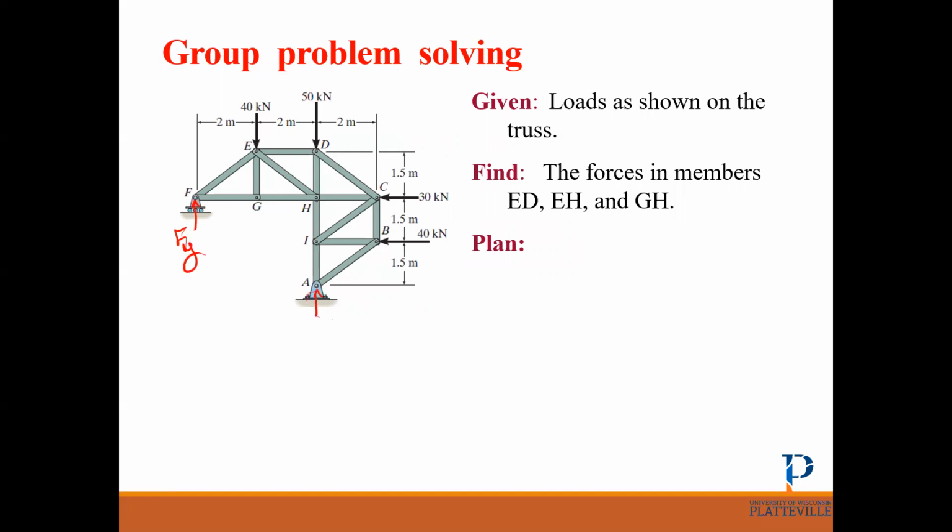We have a hinge here, so it has two reactions, Ax and Ay. So it asks for the internal force in ED. Where is ED? It's right here, EH and GH.